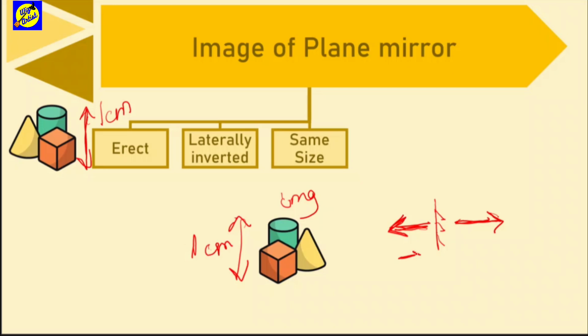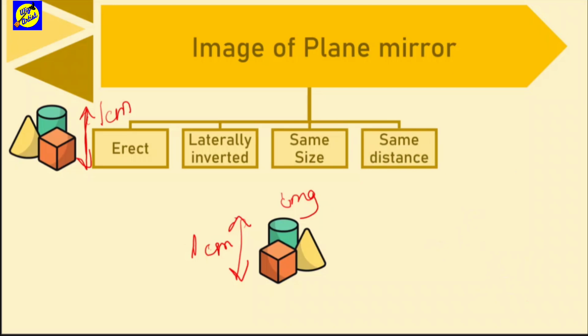If this object has a length of say 2 centimeter, then the image will also have a length of 2 centimeter only. It's also at the same distance. That means if the object is placed 10 centimeter from the mirror, then the image will also be 10 centimeter from the mirror, behind the mirror basically.